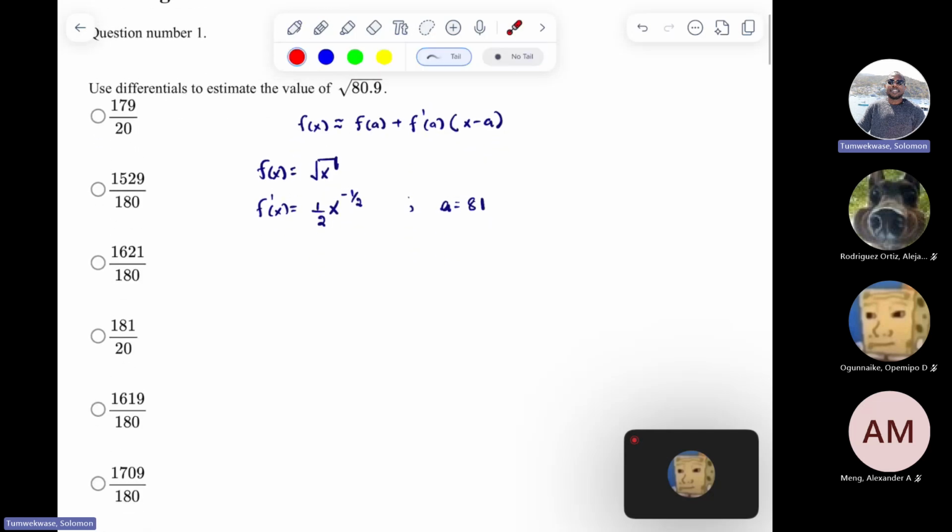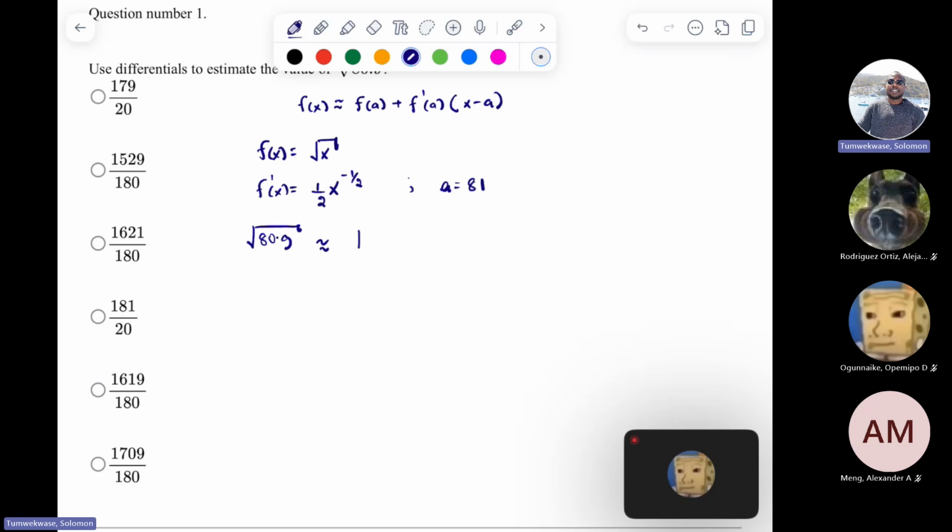And therefore, now I want to approximate this function at 80.9. Like we are saying, this is approximately f of a, which is the square root of 81, plus f prime, which is 1 half, evaluated at a, so 81 to the power negative 1 half, then into x, but my x is 80.9, then minus 81, okay?